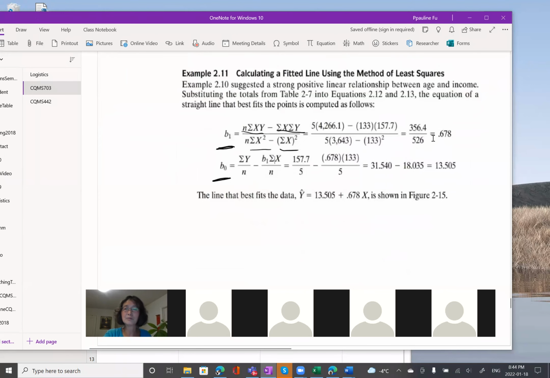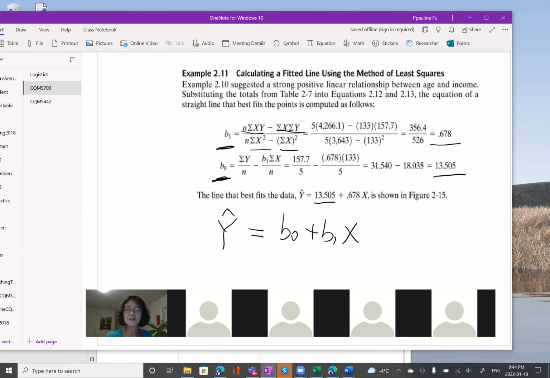You get slope 0.678. Okay, and then use the B0 formula. You get the intercept 13.505. You have the slope, you have the intercept. Of course, you can write down an equation: y hat equals B0 plus B1x.